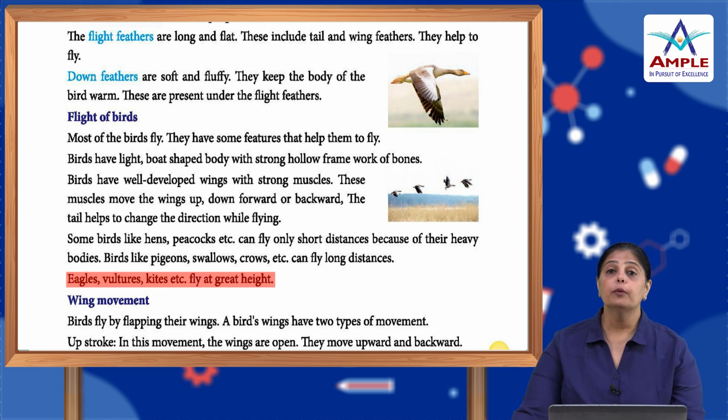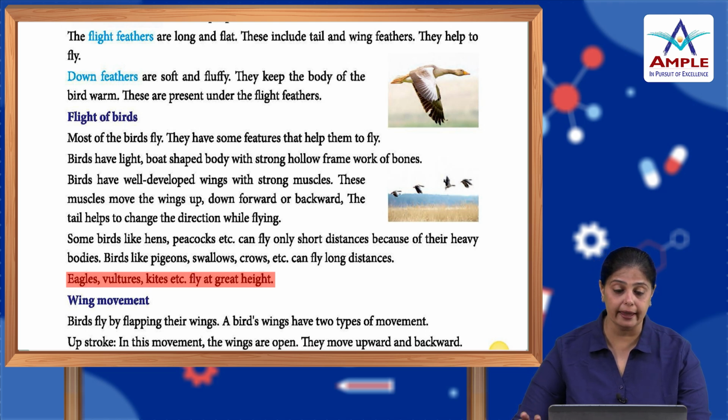So, most of the birds, we know that they fly, and they fly because of the features that they have, which are well adapted to fly in the air. Like they have light boat-shaped body, and the framework of the bones is, as I said in the beginning, strong but hollow.